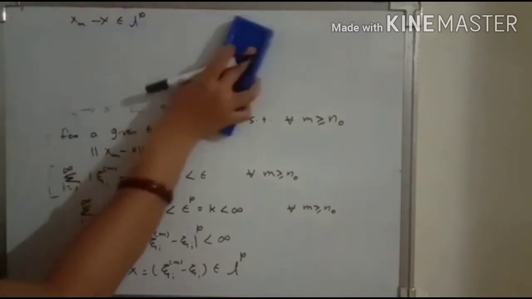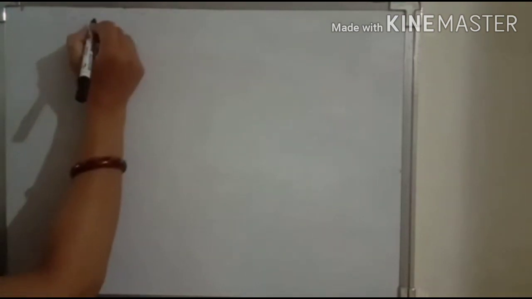Now LP is a vector space, and a vector space is closed with respect to addition and scalar multiplication.